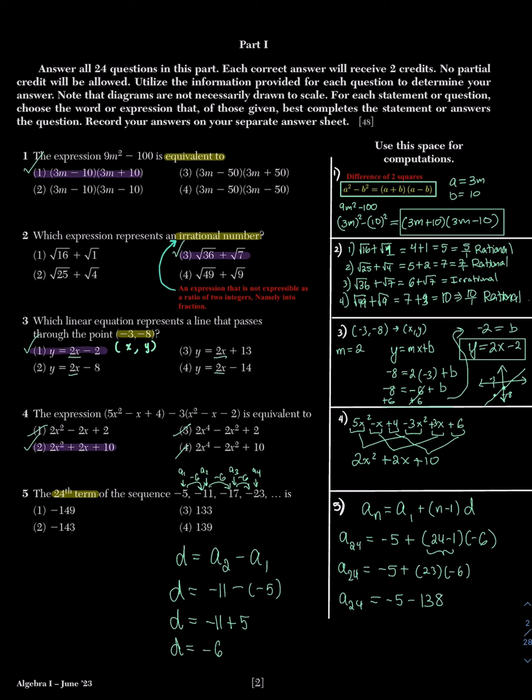That automatically eliminates choices 3 and 4 because the answer will be negative. And then in the next step, we'll figure out exactly what that number is. So when we subtract 138 from negative 5, we get a value of negative 143. So that's choice 2.